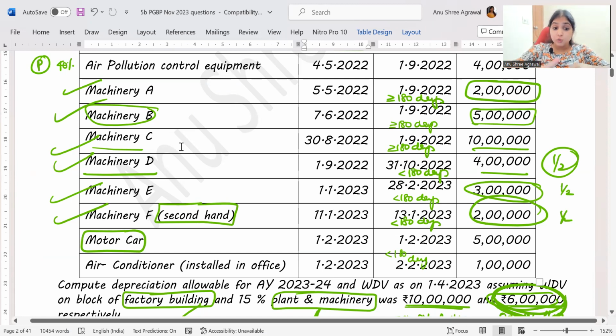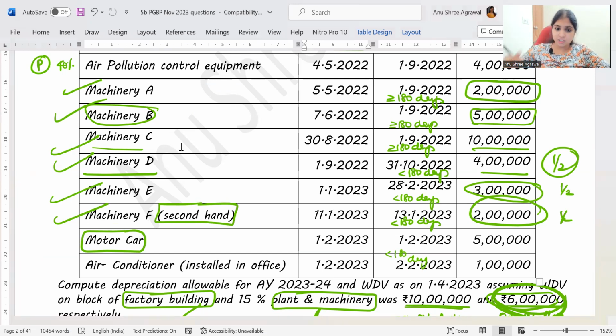For a car, you get 30% depreciation, right, if it was acquired and put to use in the period 23rd August 2019 to 31st March 2020. The assessee is not in the business of giving cars on hire, so I'm not even talking about that. I'm talking about a normal, usual car.